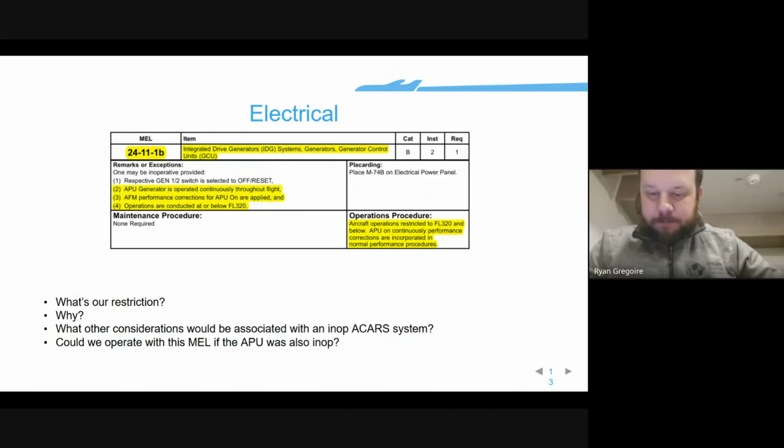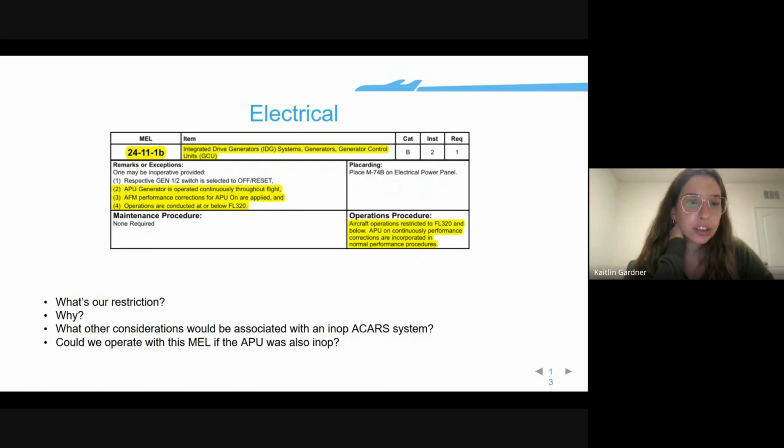Okay. What's something else that we would need to consider as a dispatcher? Caitlin. It says the APU generator is operated continuously throughout the flight.